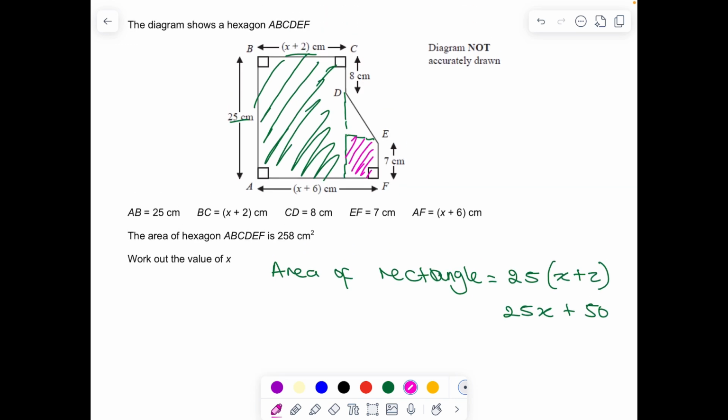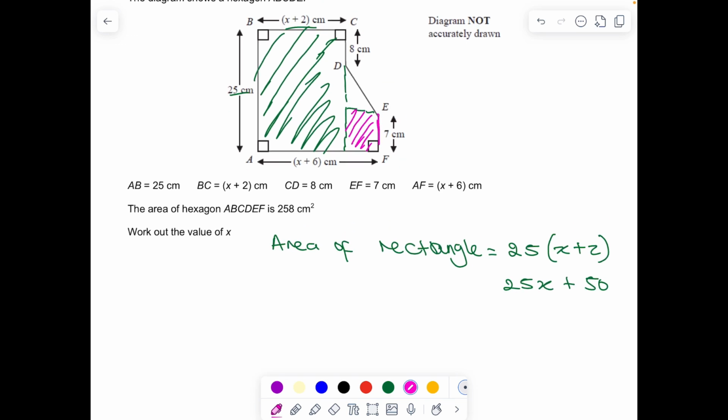So we know that it's 7 here. And then we just need to find out what this is. Well, the whole thing all the way across is x plus 6. And then I need to take away this bit up here, which is x plus 2.